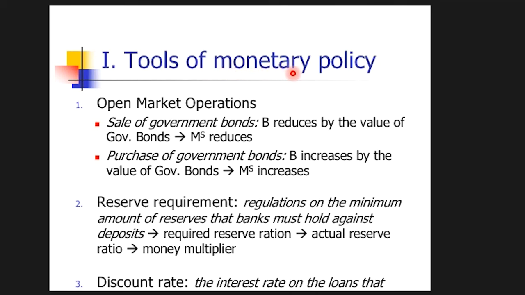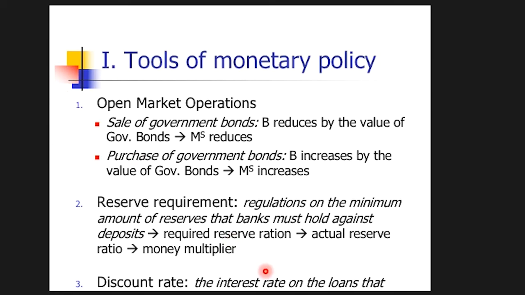If the central bank uses these operations to increase the money stock, we call this expansionary monetary policy, or if the money stock is reduced, this is contractionary monetary policy.